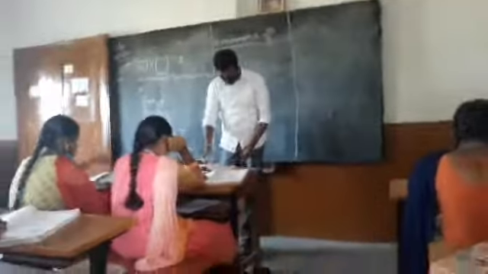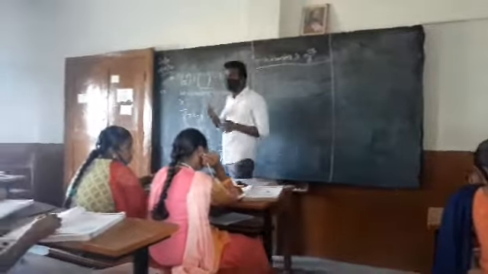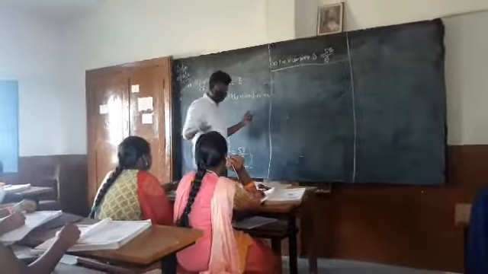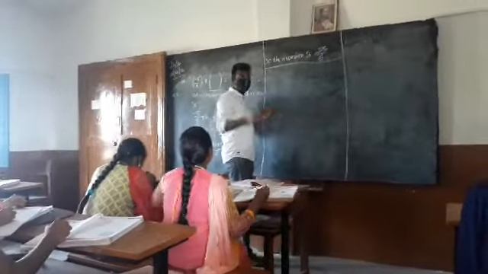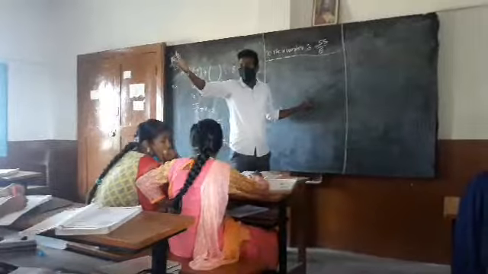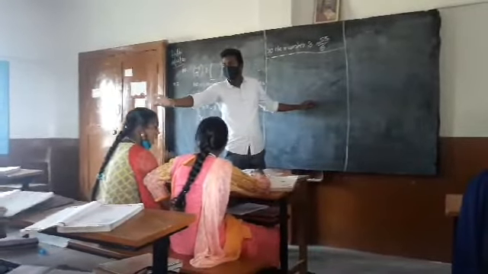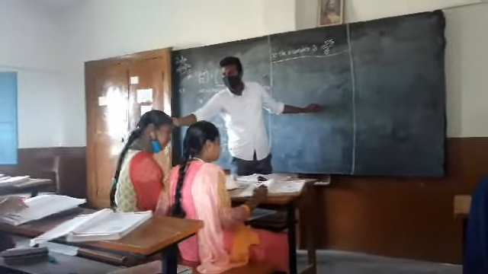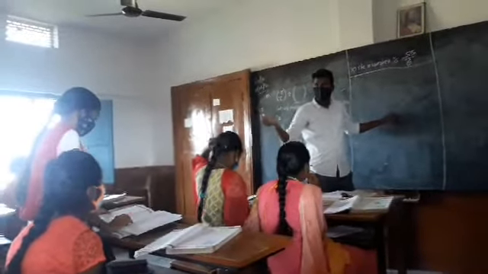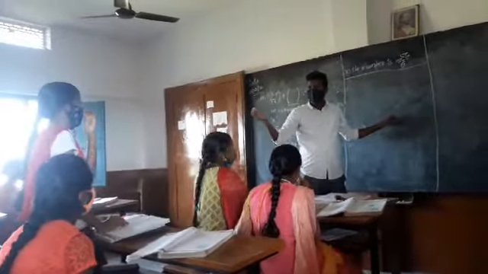Next one. The reciprocal of a negative rational number will be 0. It is the last one, sir. Yes. The reciprocal of a negative rational number. I need an example of a negative rational number. Yourself. Example of a negative rational number. Minus 11.